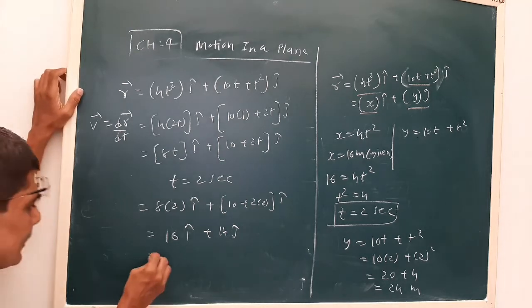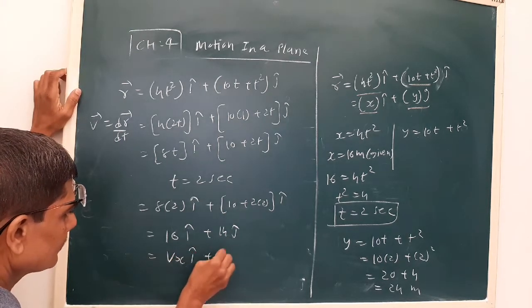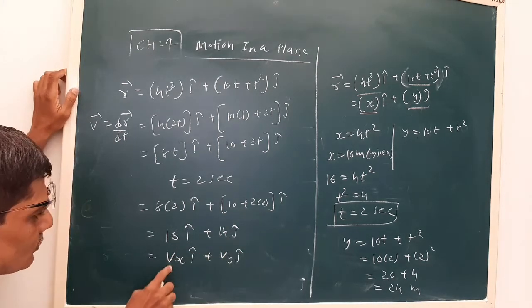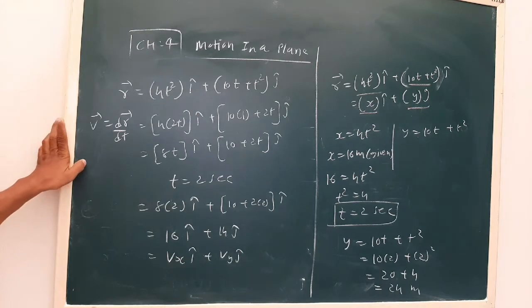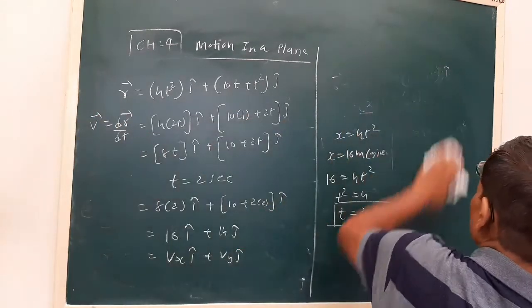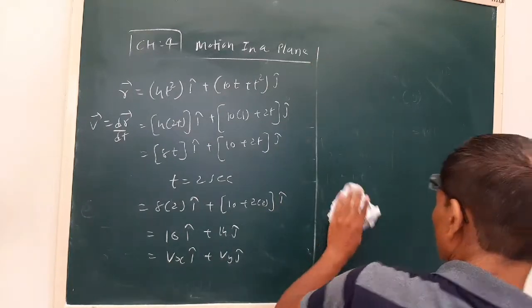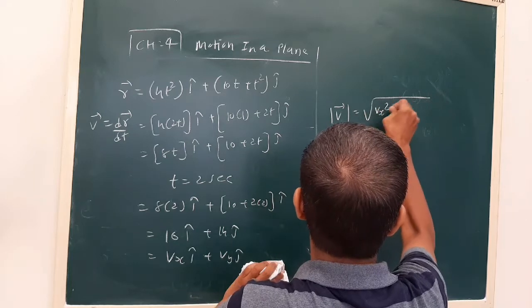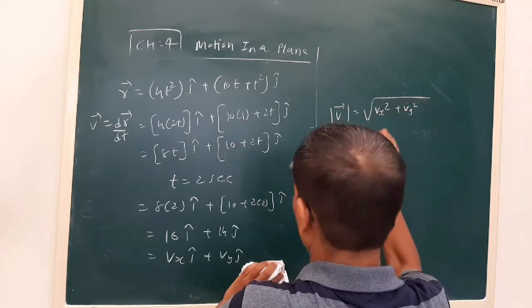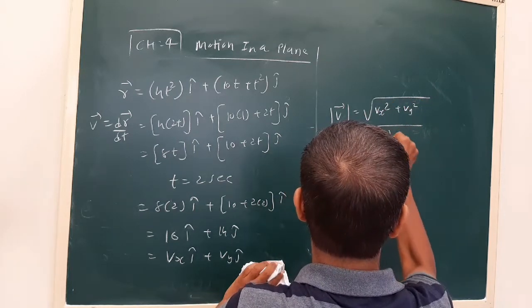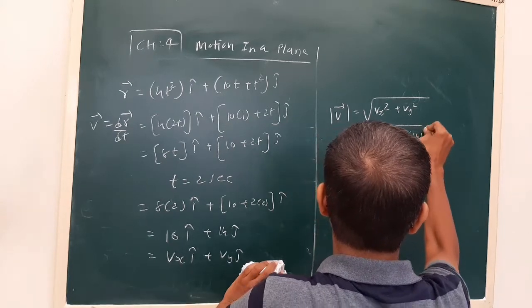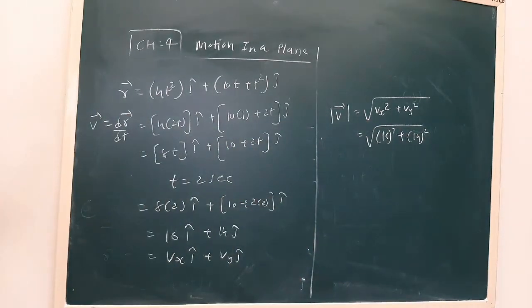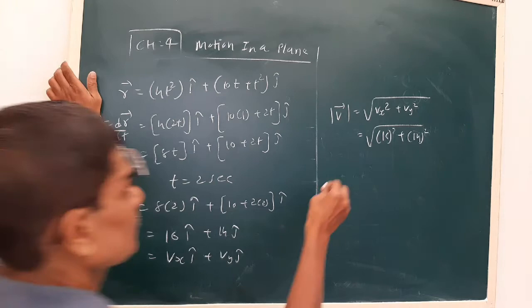Now this we can write as Vx i plus Vy j. So the x component of the velocity is 16 and the y component is 14. Now see the magnitude of the velocity. So this you can calculate.